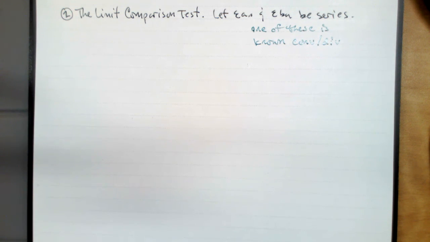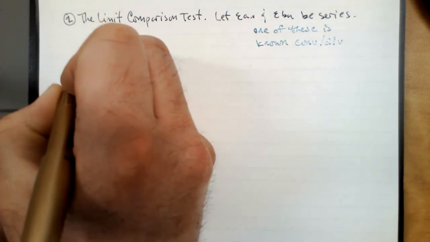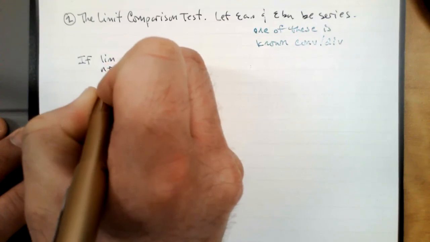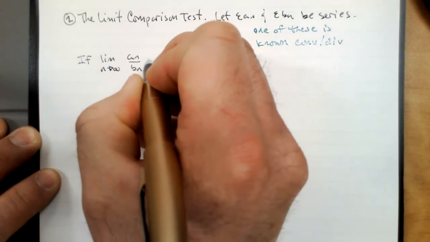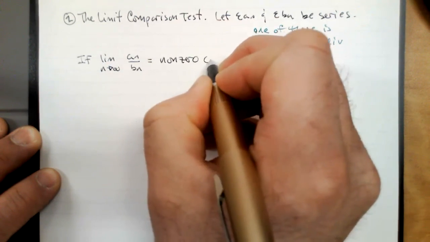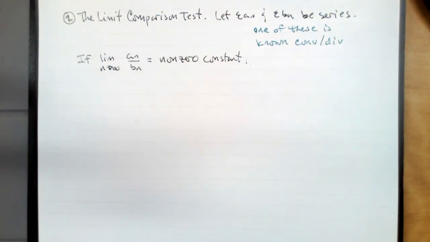The limit comparison test says the following. If the limit as n goes to infinity of AN over BN is equal to a non-zero constant, then both converge or both diverge.